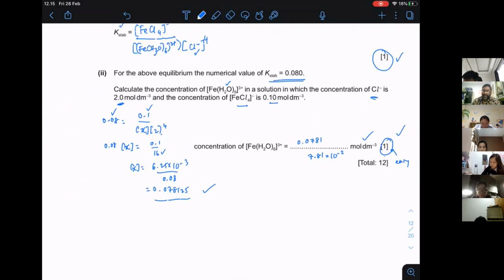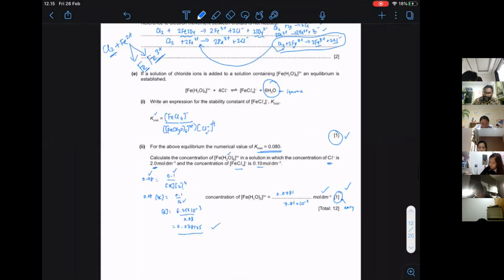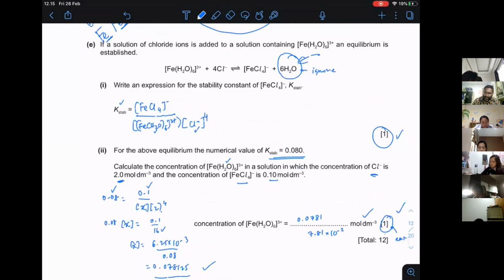They didn't really want to focus on this. If you are wrong with the water, most likely you will get this wrong. But if you take the water in, you will be wondering what value you should be using for water.